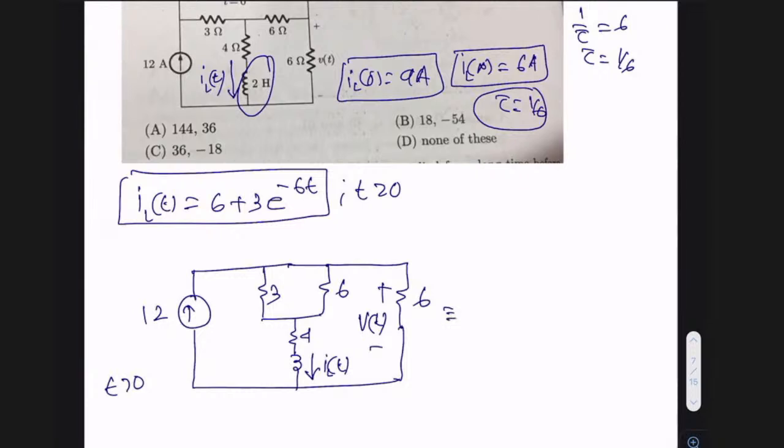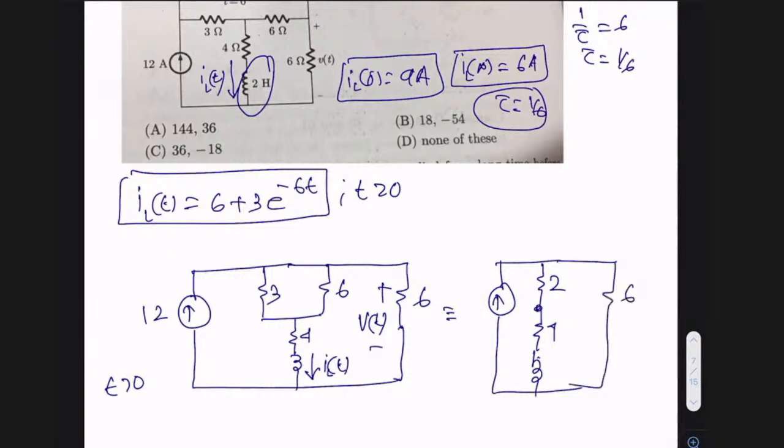This circuit is equivalent to this: 12, then 3 parallel with 6 is 2, this is 4, then I have this inductor, and this resistance is 6. This current is ILT, and this voltage VT I need.